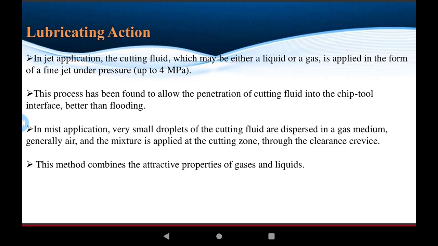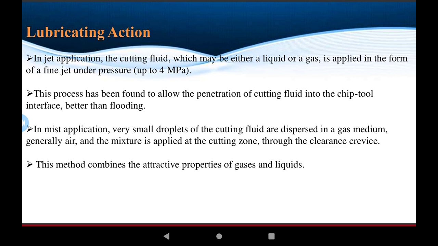This process has been found to give better penetration of the cutting fluid drops into the chip and tool interface than the flooding action. In most applications, the small drops of the cutting fluid are dispersed in the gas medium.